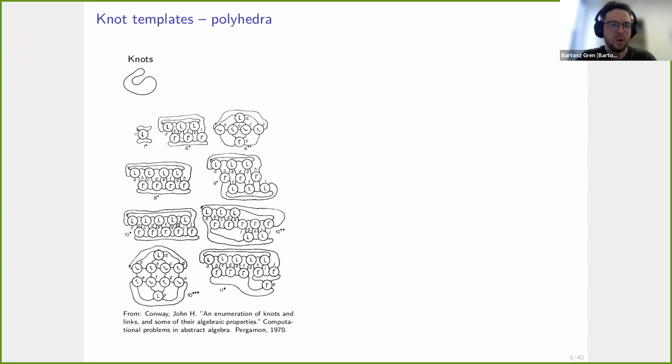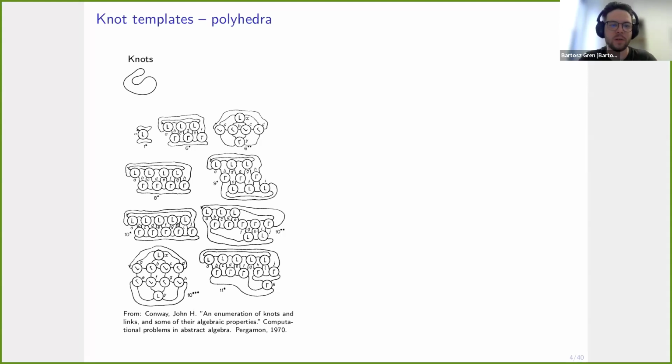So Conway, using these graphs, which he called polyhedra, managed to classify all knots up to 11 crossings and links up to 10 crossings. So these are the polyhedra he used.